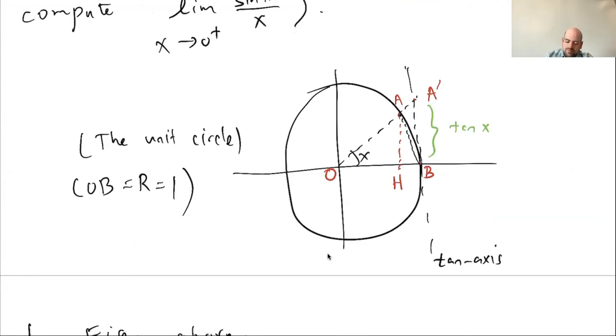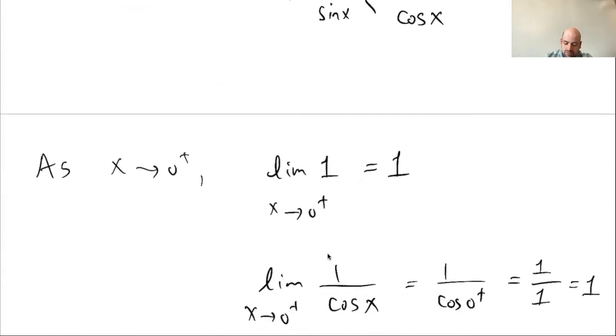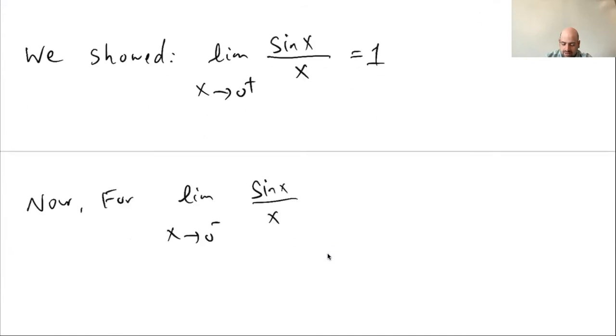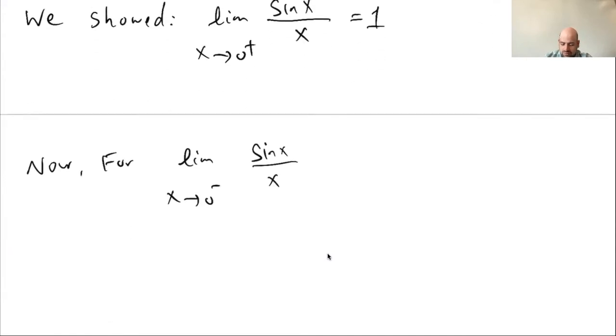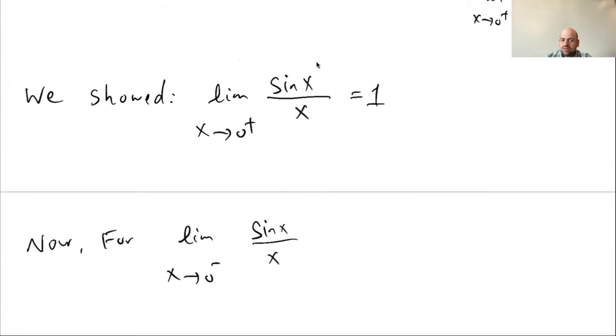We could do that from scratch, but this time we have to sketch it clockwise and do all the same arguments again. But the easier way is to use the results, because we already showed that the limit of sine x over x as x approaches 0 plus is 1. So if in some way we can use this result to find this limit, that would be great.